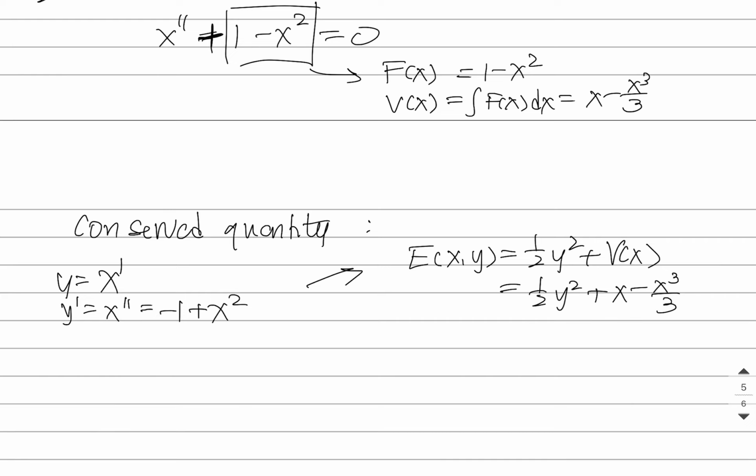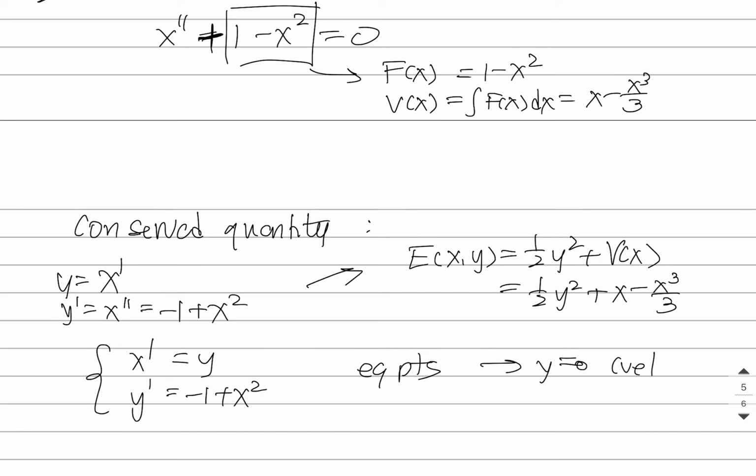So we're going to construct that. Here's our system. X prime equals y, y prime equals negative 1 plus x squared. We're going to find the equilibrium points. Now, as always, this means that y is equal to 0, the velocity is 0, and it's going to tell us that negative 1 plus x squared is 0. So x will have to be plus or minus 1.